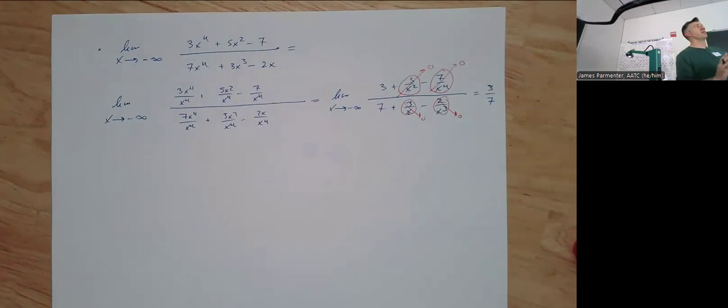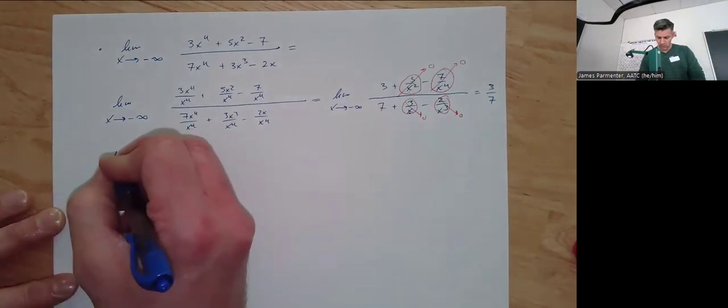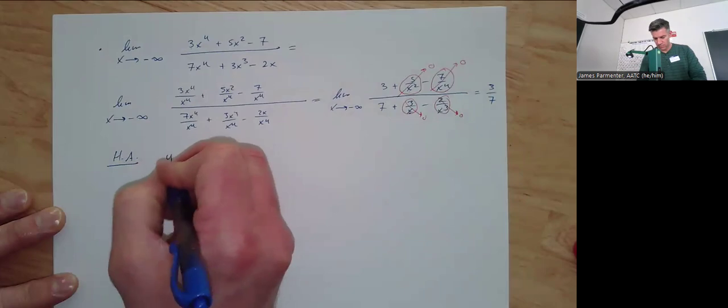There are some other special functions where the limit to the right and the limit to the left aren't the same, or one of them exists and one of them does not, which is going to translate to what kind of horizontal asymptote the function has. This function has a horizontal asymptote at y equals 3/7. So just as a point, we have a horizontal asymptote, y equals 3/7.